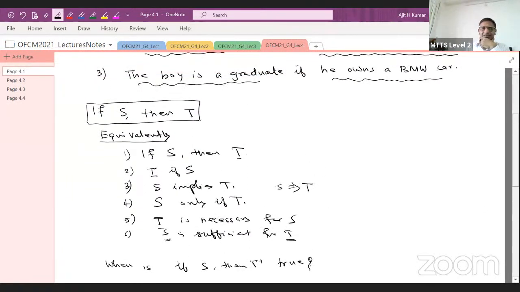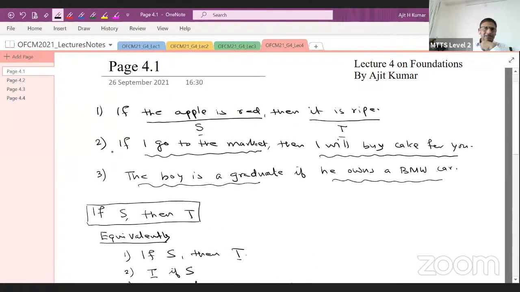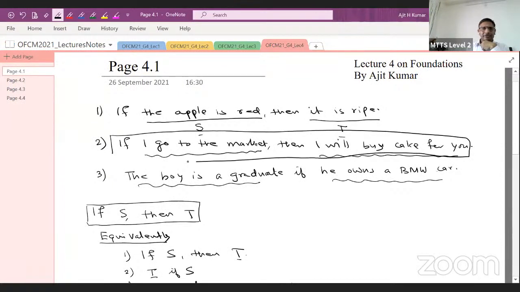So let us look at this one, I think possibly this is slightly more appealing. Of course, all are similar in nature. So what does it say? If I go to the market, then I'll buy cake for you.